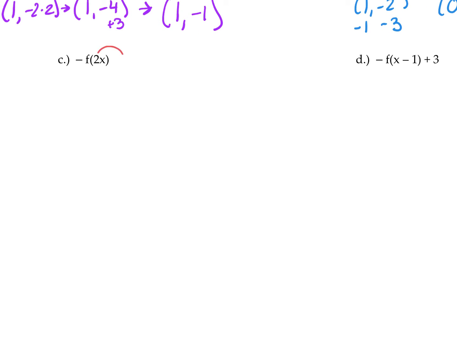This inside number here is actually a horizontal shrink by a half. So the inside's always the opposite. And this negative out in front is a reflection over the x-axis.